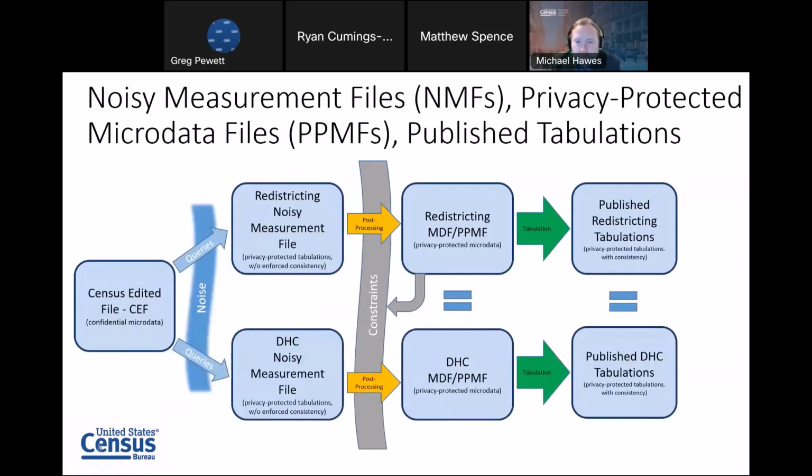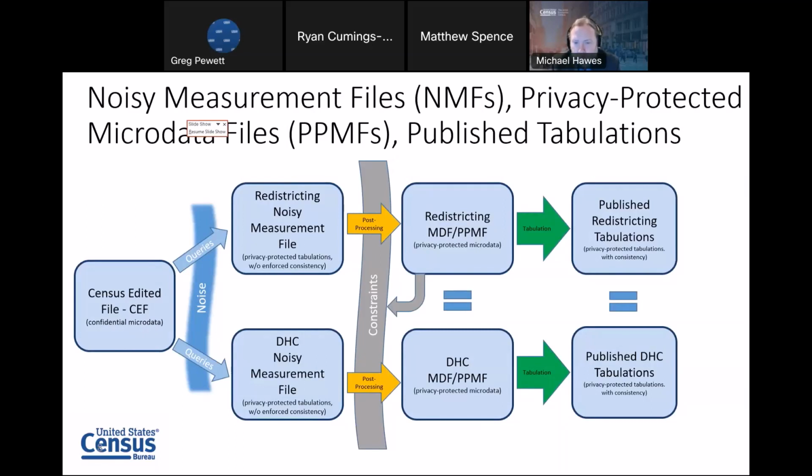So I used a bunch of different terms here. Let me delve just a little bit deeper so you understand the terminology when we're talking about different types of files. We've got noisy measurement files, we've got privacy protected microdata files, and we've got published tabulations. This screen is a visual representation of how the algorithm goes through its sequence. It starts with the census edited file.